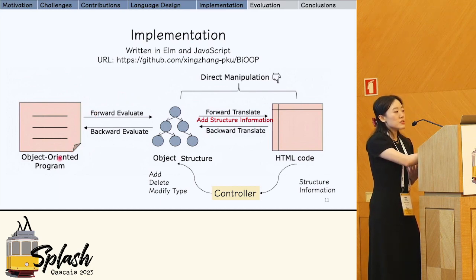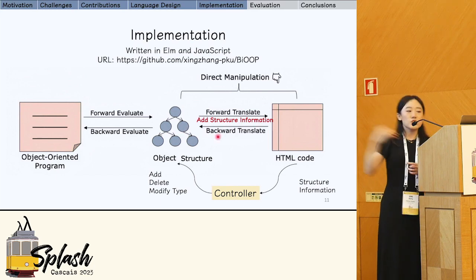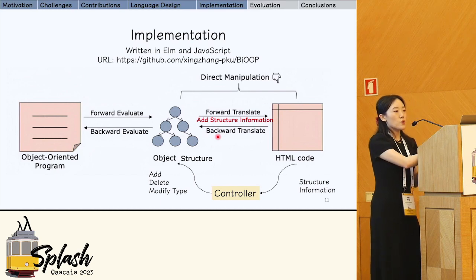One is between the source object-oriented program and the object structure, and another is between the object structure and the actual output representation, such as HTML code. The first one, bidirectional transformation, is the core of our work, and was just discussed. For the second one, we build the correspondence between the object structure and the HTML code by adding structure information.